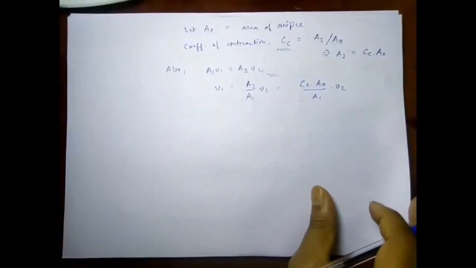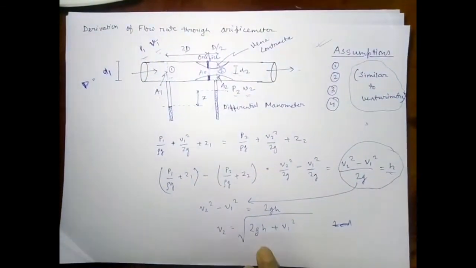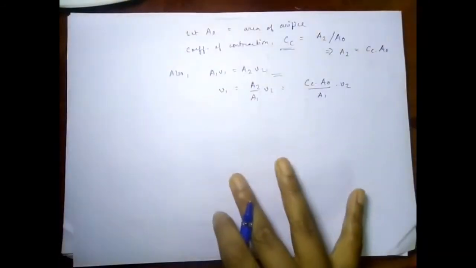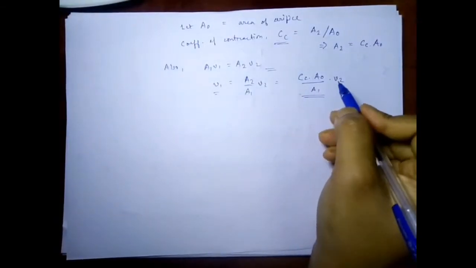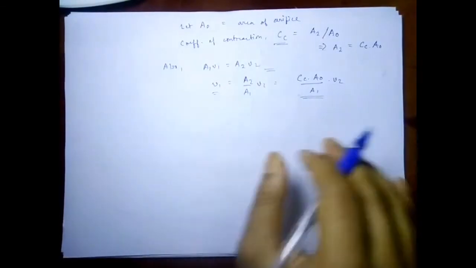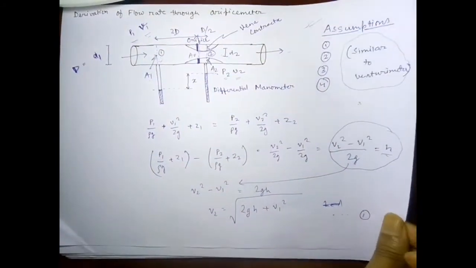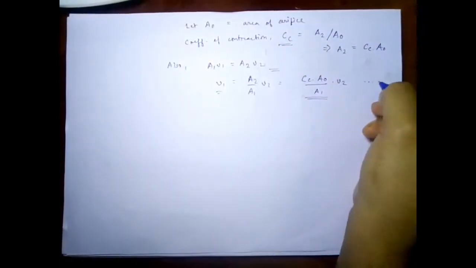And again we know that V2 is equal to square root of 2gh plus V1 square. So we got V1 is equal to CC times A0 upon A1 times V2. Suppose this is equation 1, and this is my equation 2.